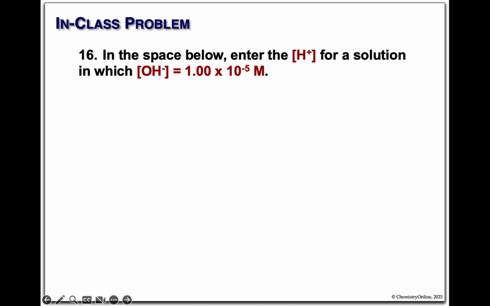Another acid-base problem. We're looking for the hydronium ion concentration if we know the hydroxide ion concentration. We can do this because we know that under all conditions, if you multiply hydronium by hydroxide, you will get 10 to the minus 14 molar.